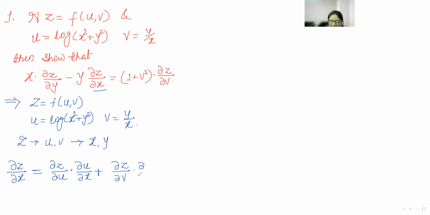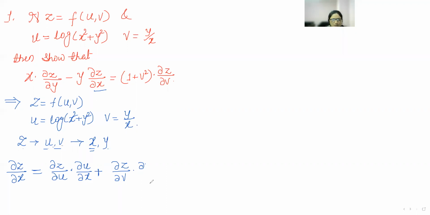Yes, ma'am. Because I am taking derivative of z with respect to x, where z is function in u and v first taking with respect to x. And z is function in u and v, again u and v are functions in x and y.